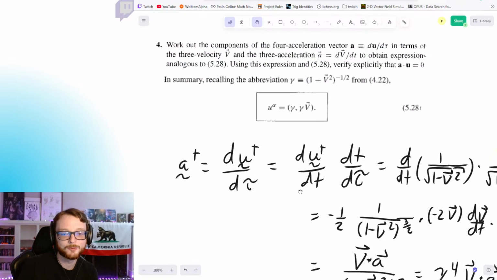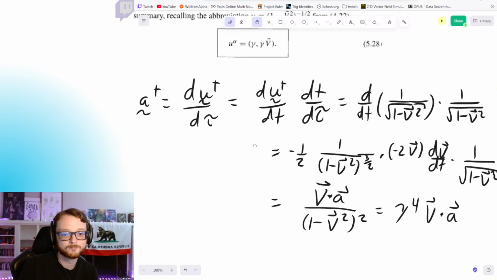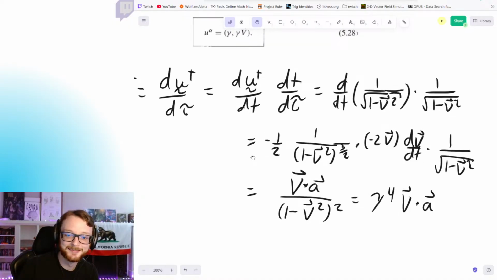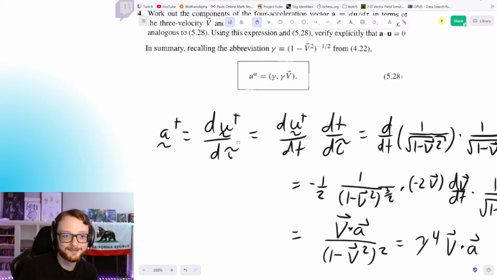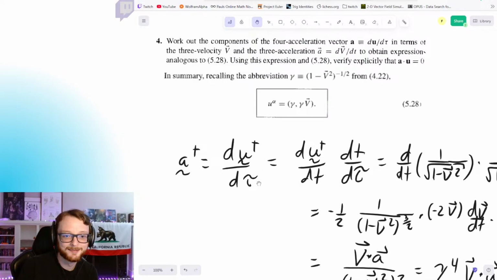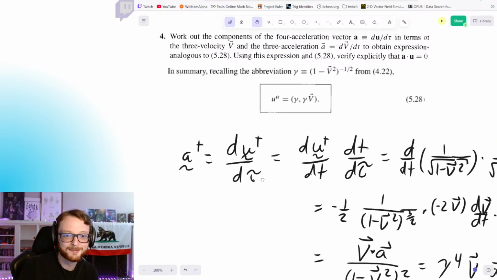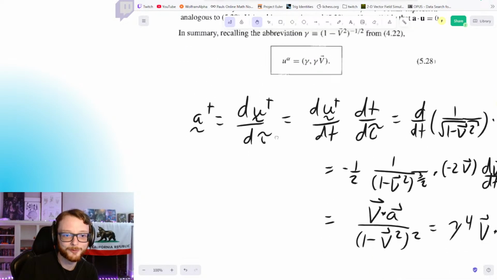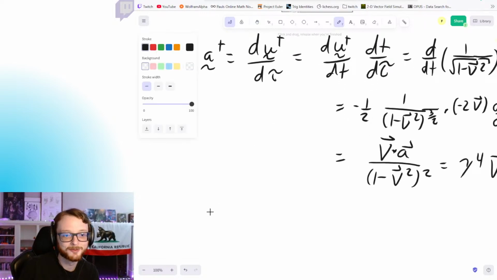The time component. I guess we can go to a space component for acceleration. Just take the x. Then these should all be the same once we know one.